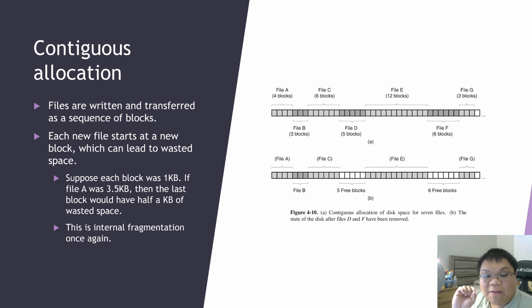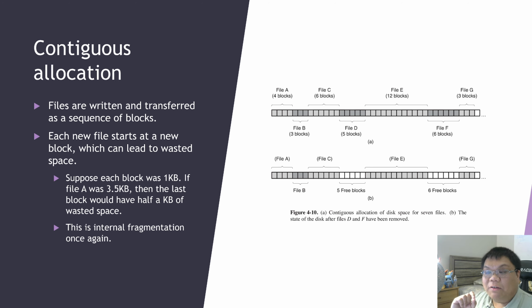But we also have external fragmentation. Check this out. When files come and go, they get space allocated in units of blocks on the disk. Time later, those files get deleted, and they leave behind sequences of free blocks.